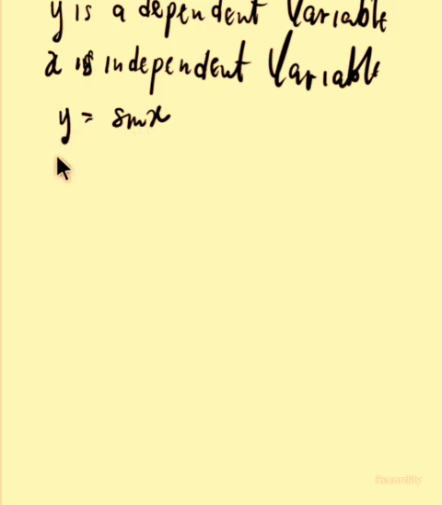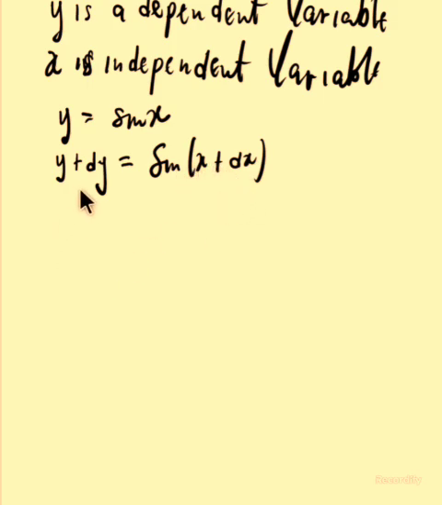That makes me have y plus dy, which is the change in y, equals sine of x plus dx. Because there's a change in x, as I said earlier, we are going to have a change in y, because the value of y depends on the value of x here. I hope you get that. Keep on following, don't worry. Now we have y plus dy equals sine of x plus dx.